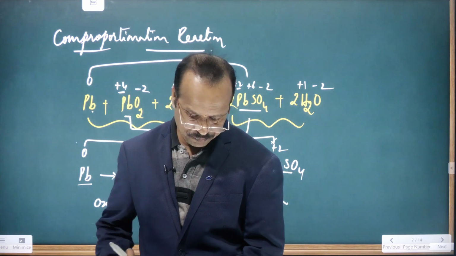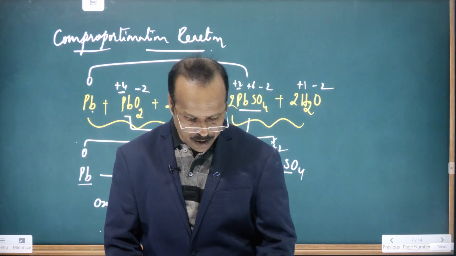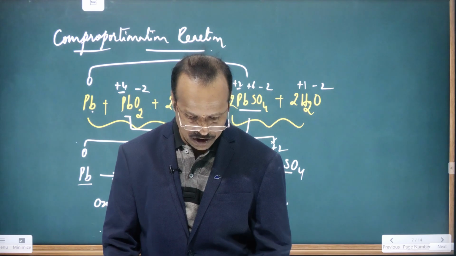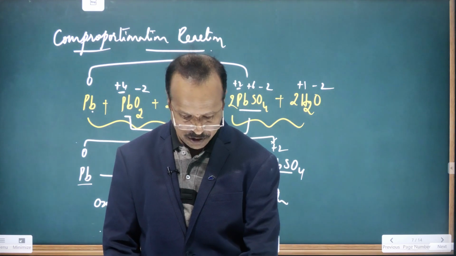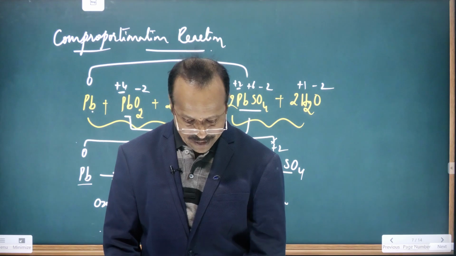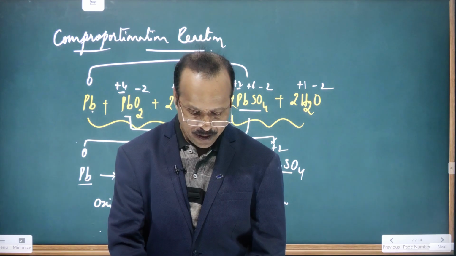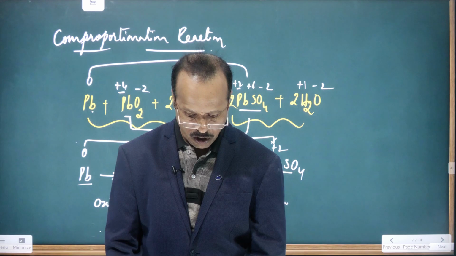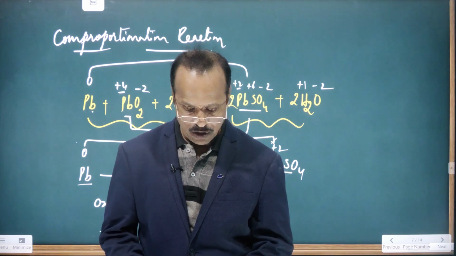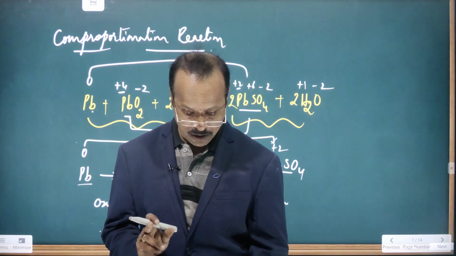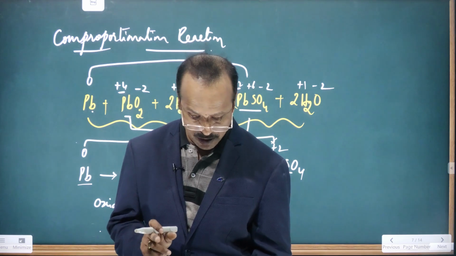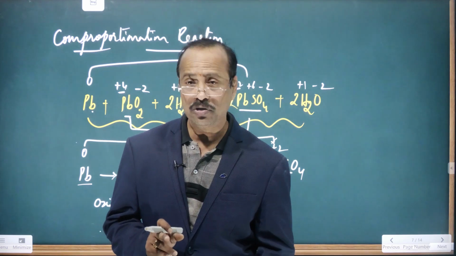Okay, this is done. Now the next one: redox reactions are divided into two main types. One is called intermolecular redox reaction and the second one is called intramolecular redox reaction. This is very simple.